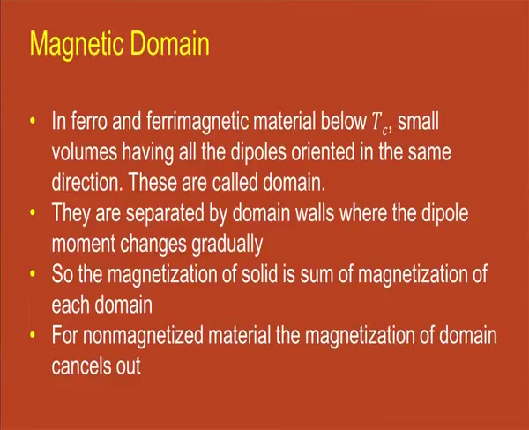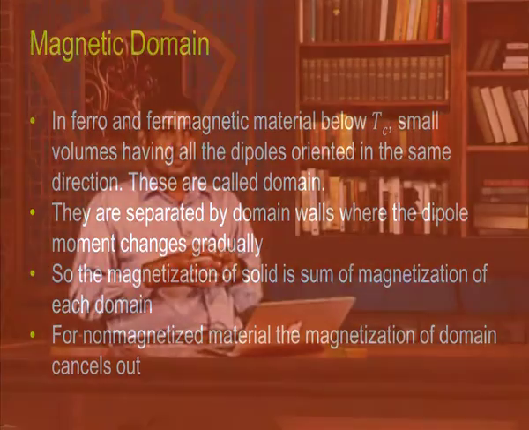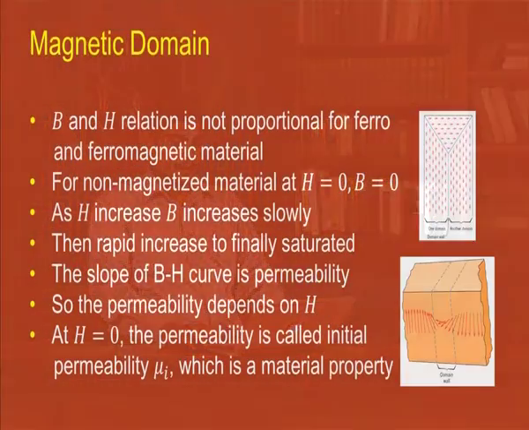The magnetization of a solid is the sum of the magnetization of each domain. For non-magnetized material, the magnetization of domains cancels out. That is why the net magnetic moment will become 0 and they will behave as non-magnetic material.